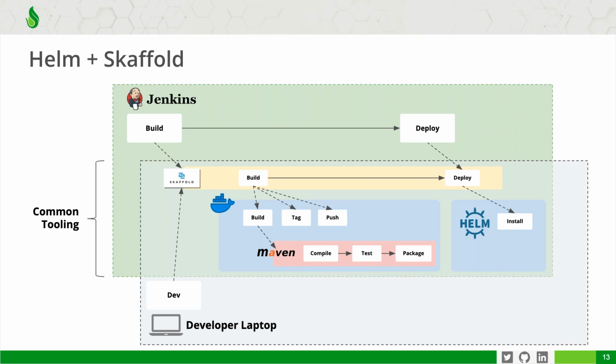So in this case, folks are embracing tools like Helm to package up the application, and then Skaffold, which allows you to have a very similar build and run environment on your local laptop as what Jenkins is going to run. So a lot of the logic gets pulled out of those Jenkins pipelines and pushed into your Skaffold definitions.